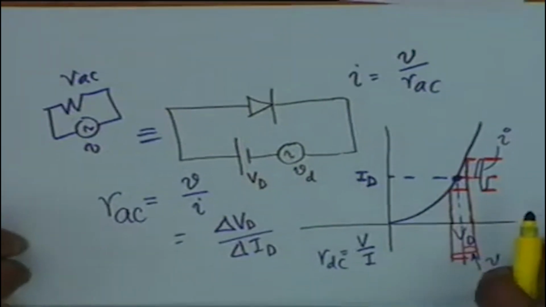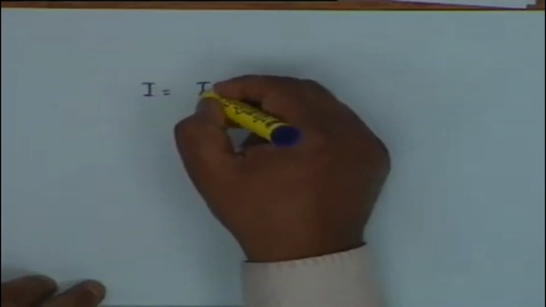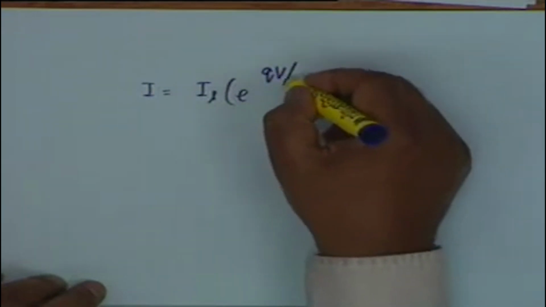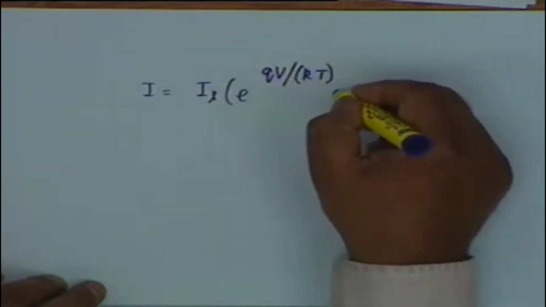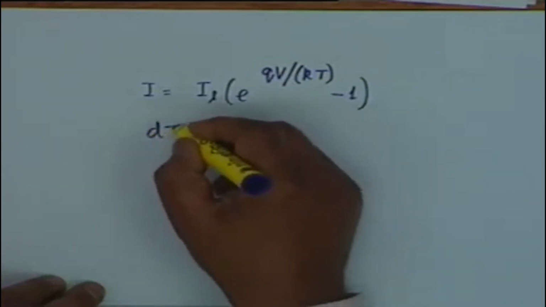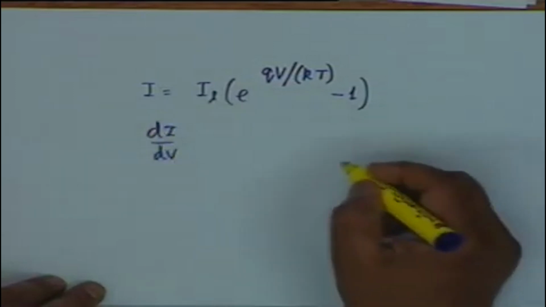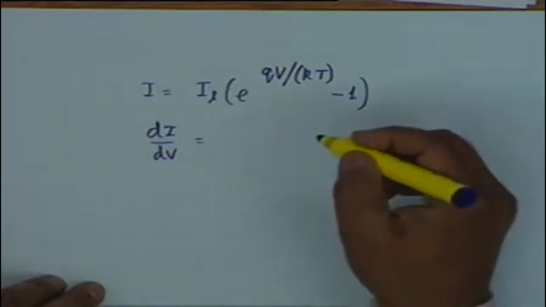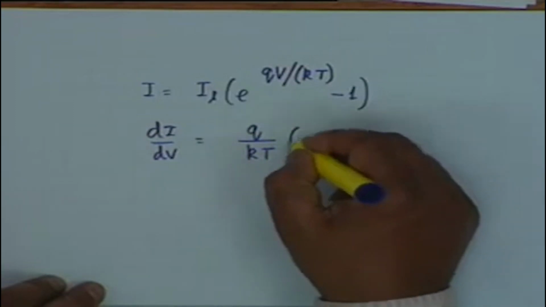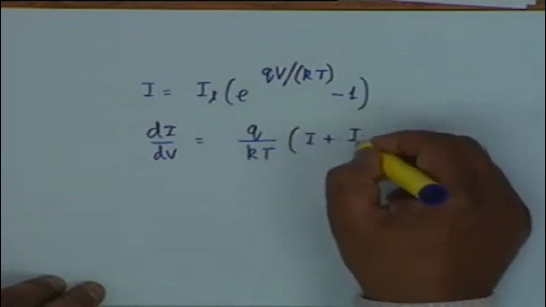For a diode, for example, you know that the current is given by I equals I s times e to the power q v by kT minus 1, and from this you can find di dv by differentiation. If you do a bit of algebra, it simply comes out as q by kT times I plus I s.